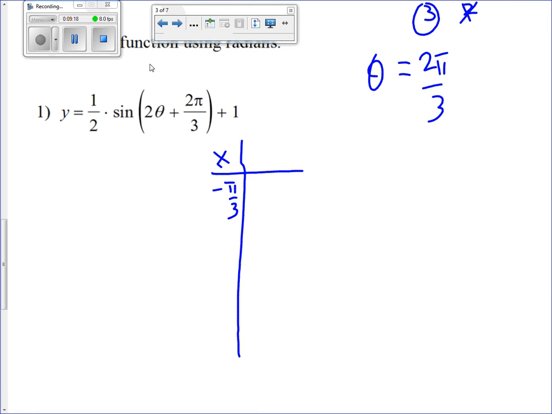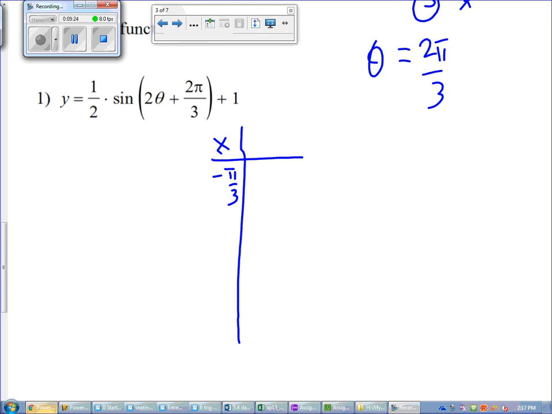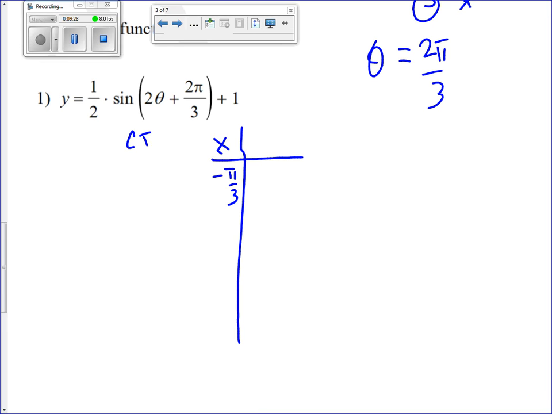And so this goes back to that counting interval. This is where it comes into play. If you remember, our counting interval was pi over 4. So we're going to start at negative pi over 3, and we're going to count by pi over 4s until we get to 2 pi over 3.